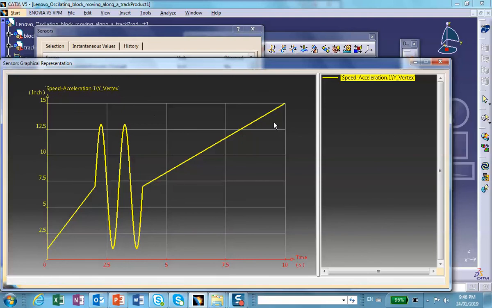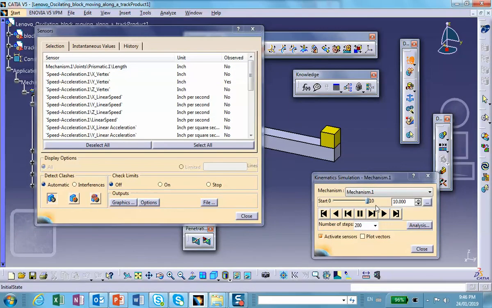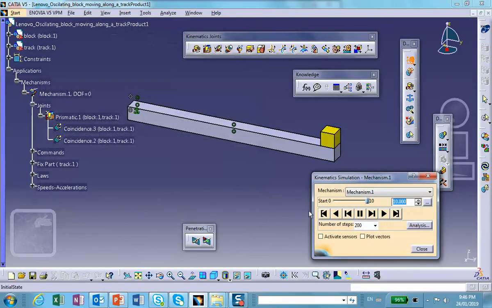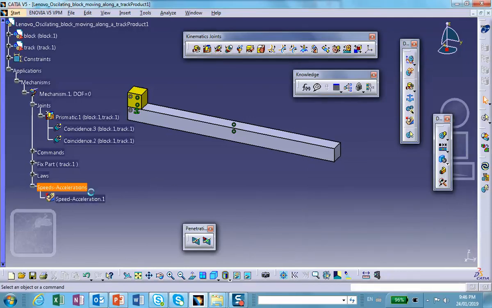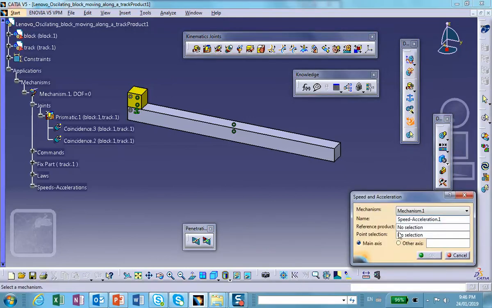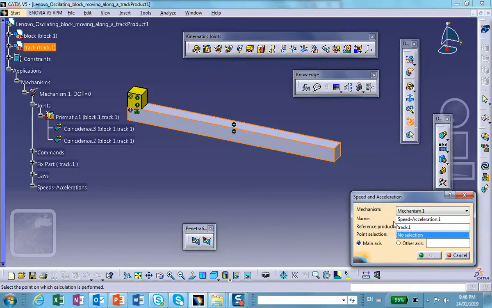So let's go ahead and fix this thing actually. So close this, rewind it, close it, and let's go here with this speed acceleration. Let me delete this, create another one. The reference product is the track, and the vertex is that other point.